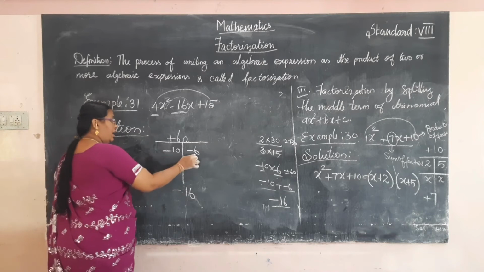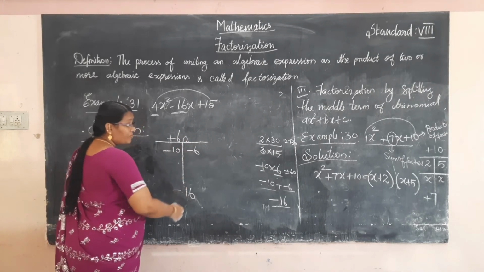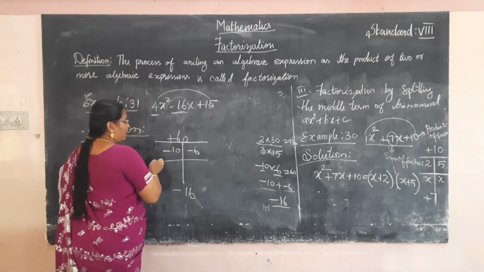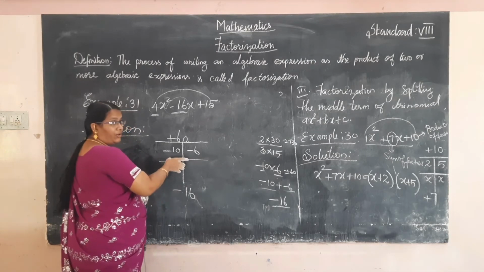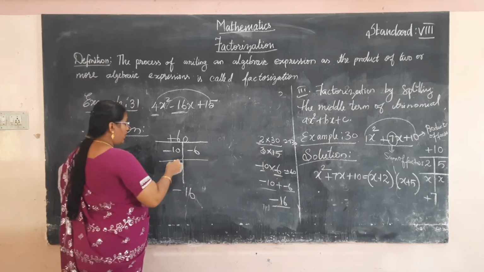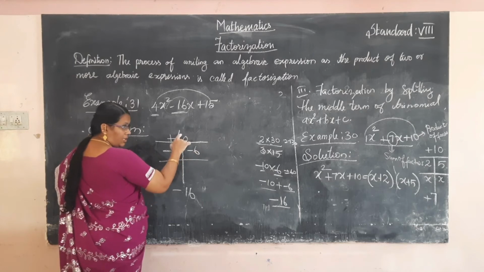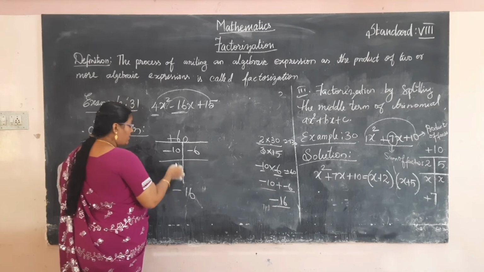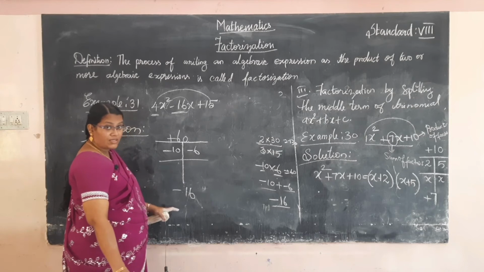Every time you should check that the product of the factors and the sum of the factors satisfy the condition. If it doesn't satisfy, you will move to the next possibility. Minus into minus is plus, 10 times 6 is 60, so the product is satisfied. At the same time, adding these two values gives the sum of the factors, minus 16 also.